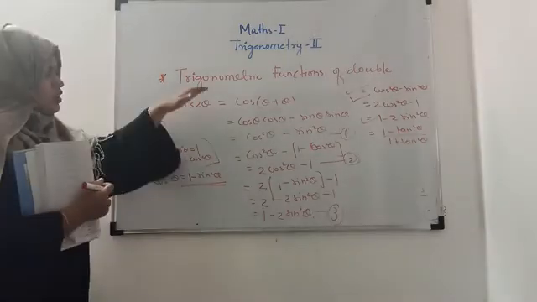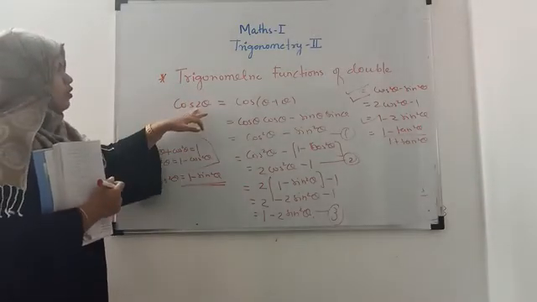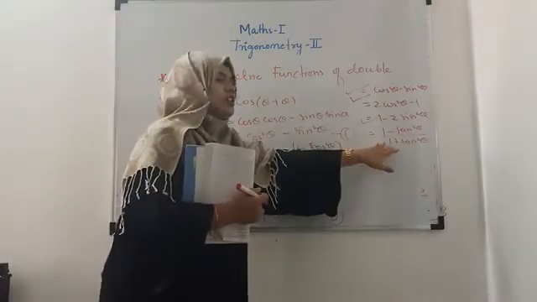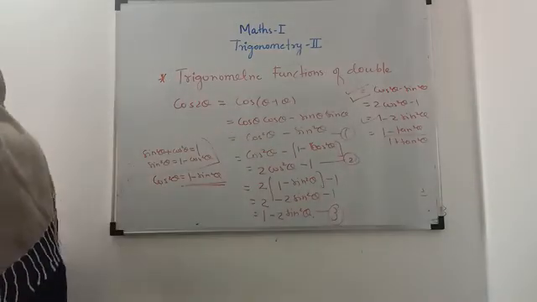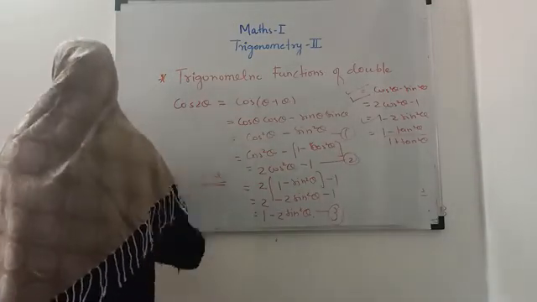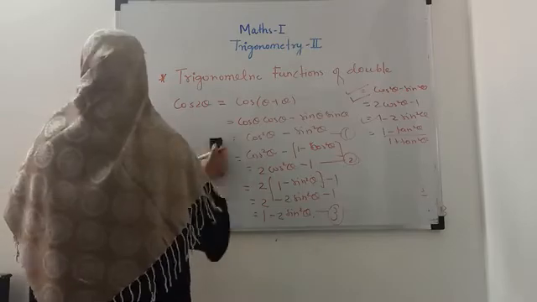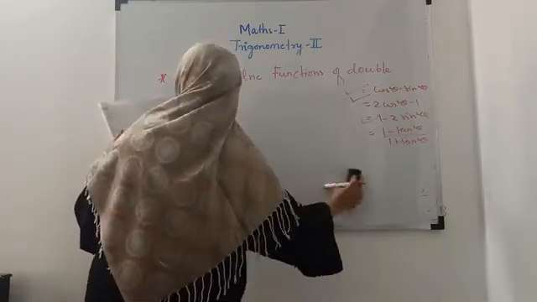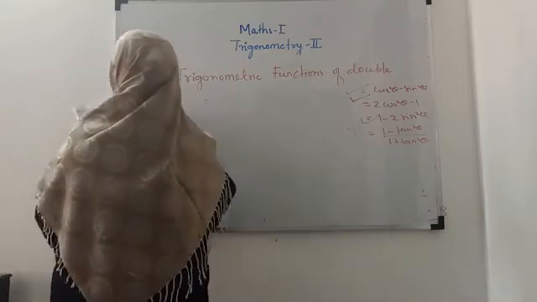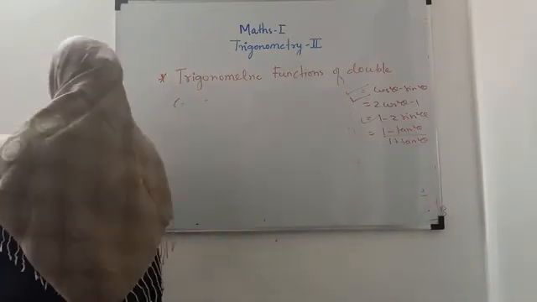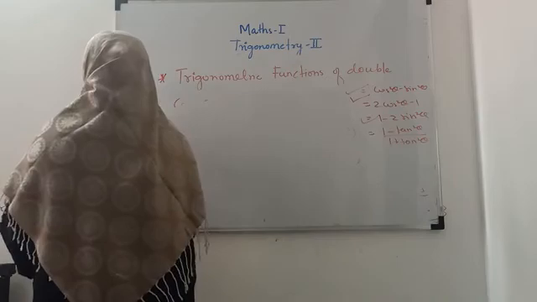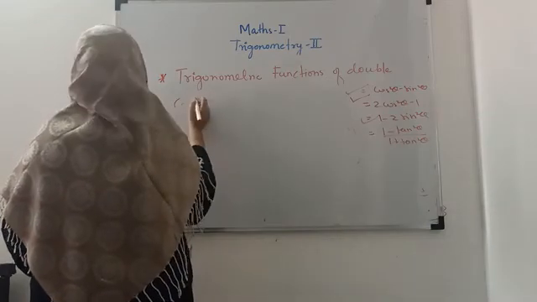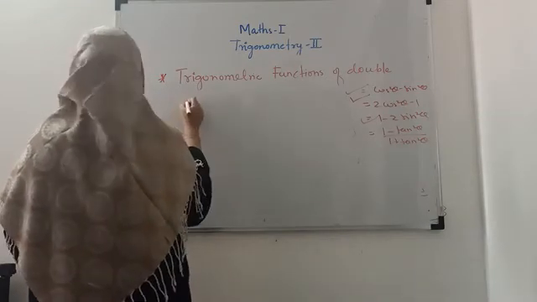Okay. So these are the 3 formulas for the cos 2 theta. Now I'll solve the last formula. For the last one, I'll use the first formula.